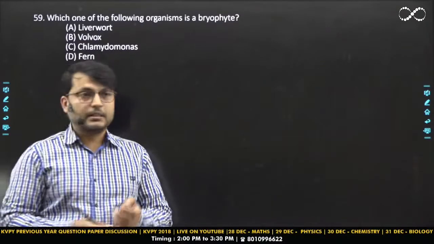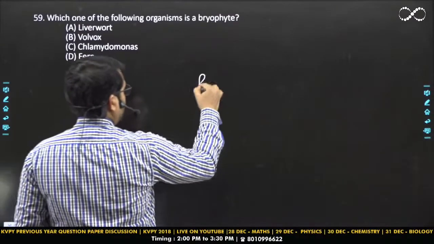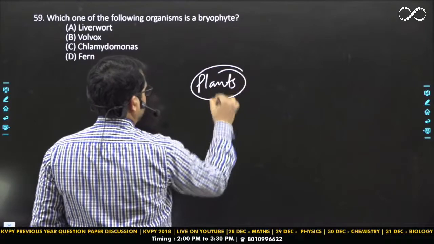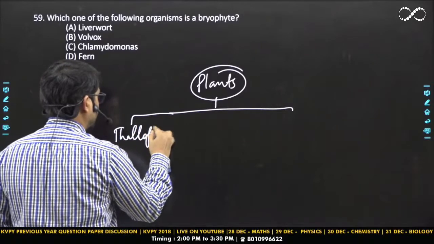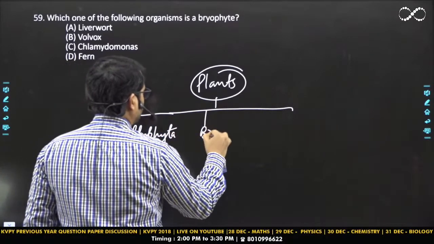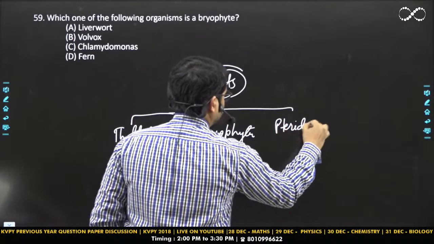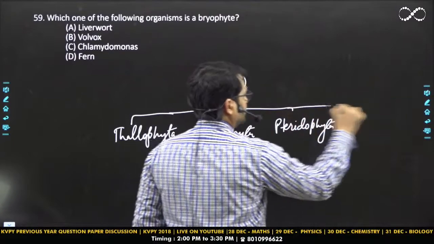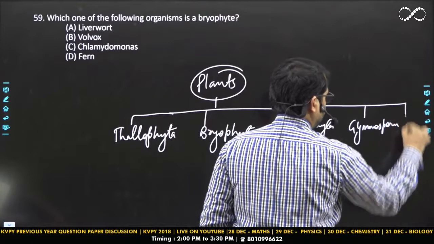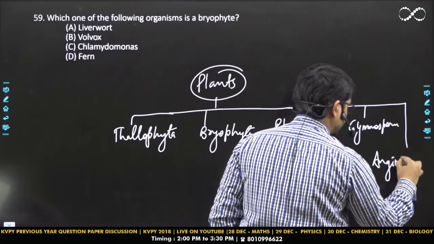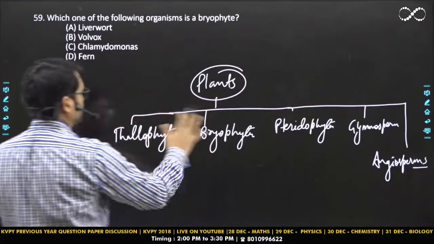We know that plants can be classified into many groups like thallophyta, bas yaad rakhiye aap log, thallophyta, bryophyta, pteridophyta, gymnosperms, and angiosperms. So plants can be classified into all of these.